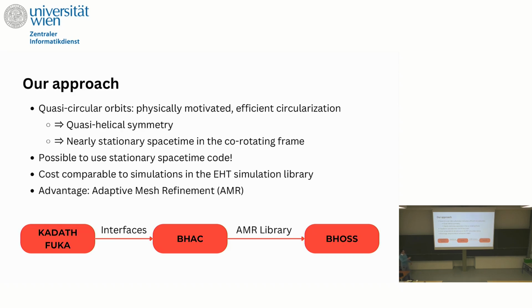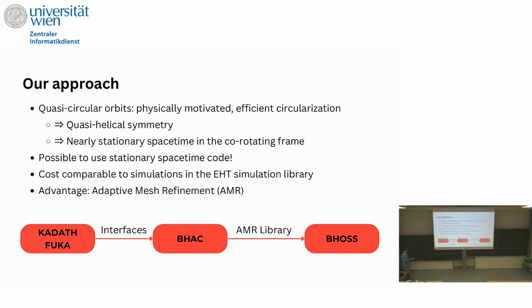So the approach can be divided in three blocks that you can see here. At the beginning, we use a spectral solver used for initial conditions in numerical relativity, called Kadath. Then we interface it with a general relativistic magnetohydrodynamic code, BHAC, the black hole accretion code.